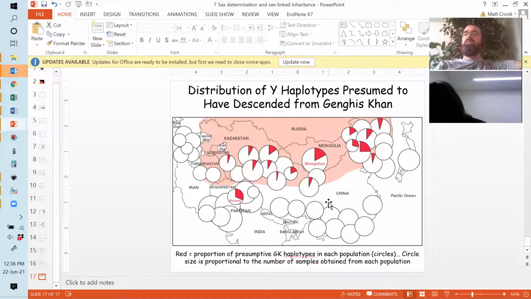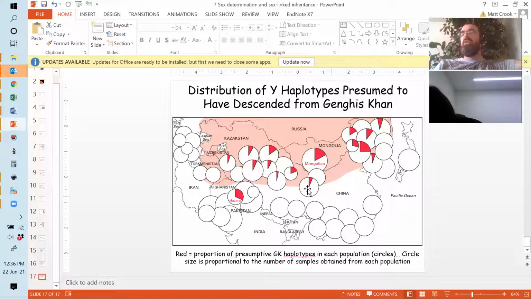And so you can actually use that to go back to, shoot, when did Genghis Khan wander around? I think that was around 1100 AD, 1200 AD, from memory.